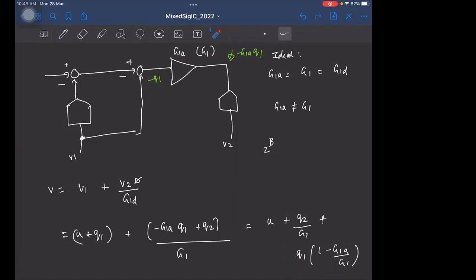But in some cases where the gain is very different from the required gain of G1, this term might be comparable to Q2 by G1, or it can even be higher, and it will kill the overall resolution of the ADC.